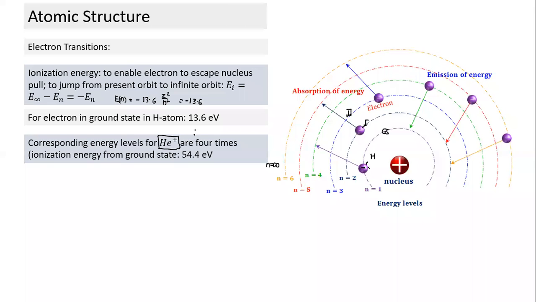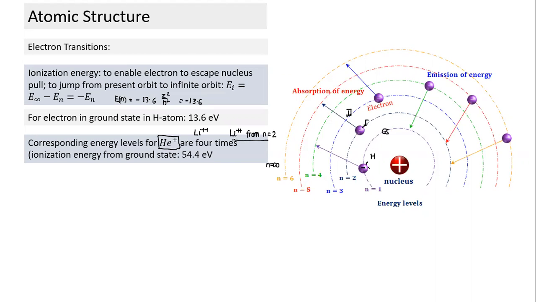Similarly, can you tell me what will be the ionization energy for doubly ionized lithium ion from the ground state? N is 1 and Z is 3, so it will become 9 times 13.6. Easy to calculate. Suppose I calculate the ionization energy required for lithium ion from N is equal to 2.